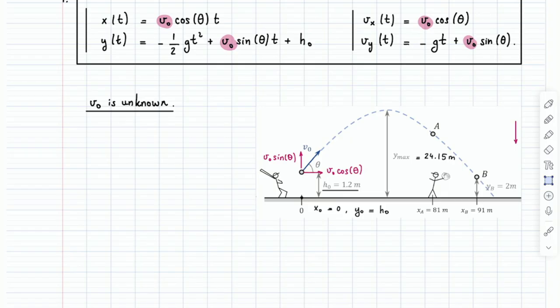Before in the previous problem, we weren't given, for example, y max. Here we are. Here we're given more information too, so there's a lot of stuff that we're given, and we have to figure out what to do with it and how we can solve for v0.